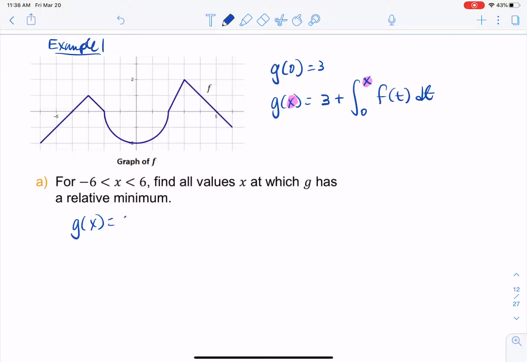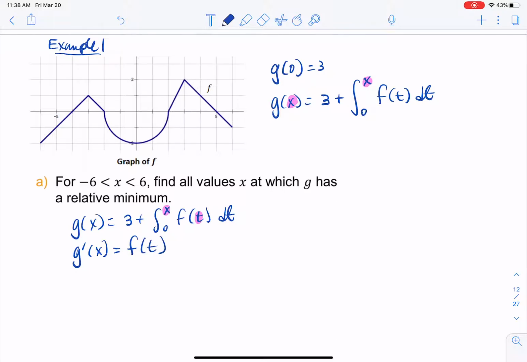So g of x again was 3 plus the definite integral from 0 to x of f of t dt. Take its derivative. As we've done before, taking the derivative of an integral equation, those two things are inverses, and so we get our original equation back with a change of variable. We're just going to take this x and poke it in here for the t, f of t.